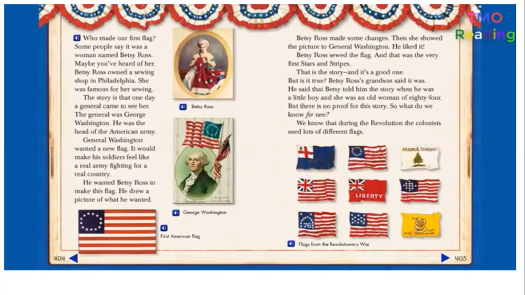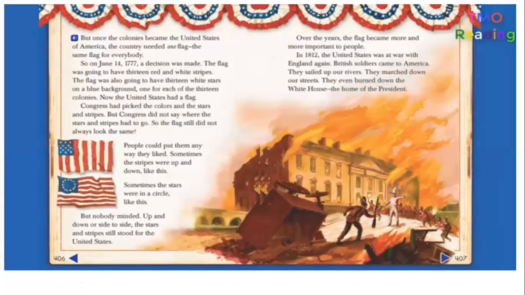So what do we know for sure? We know that during the Revolution, the colonists used lots of different flags. But once the colonies became the United States of America, the country needed one flag, the same flag for everybody.